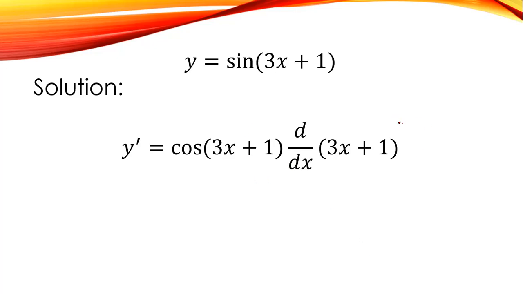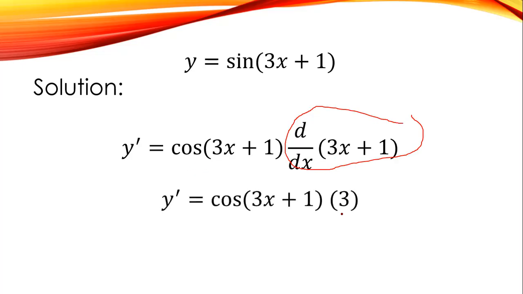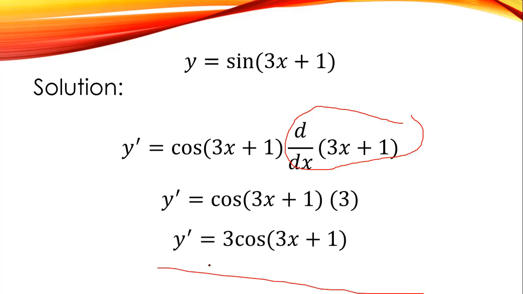Don't forget to take the derivative of this, because if you only write cosine 3x plus 1, you will get it wrong. The derivative of 3x plus 1 is equal to 3. And then cosine 3x plus 1 multiplied by 3 is equal to 3 cosine 3x plus 1. It's that easy, and easier once you memorize the derivatives of the trigonometric functions.